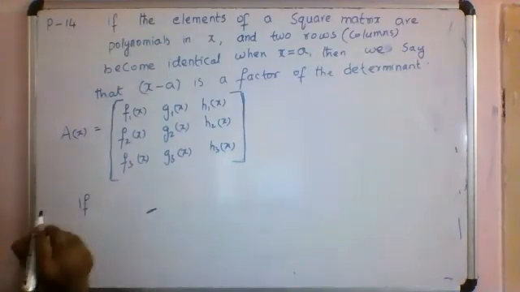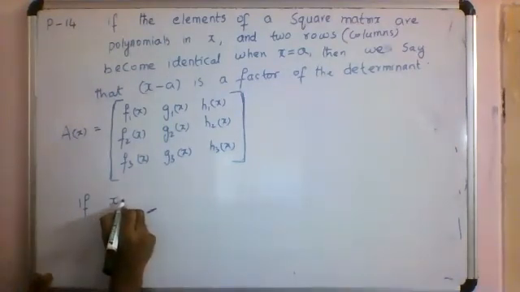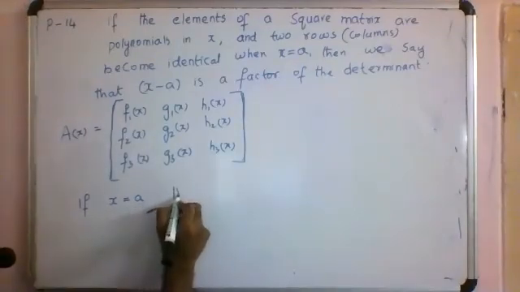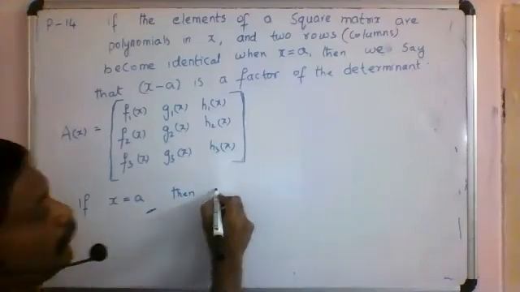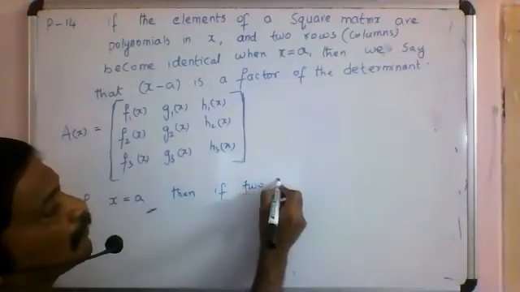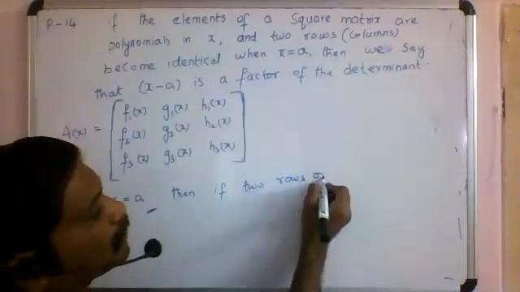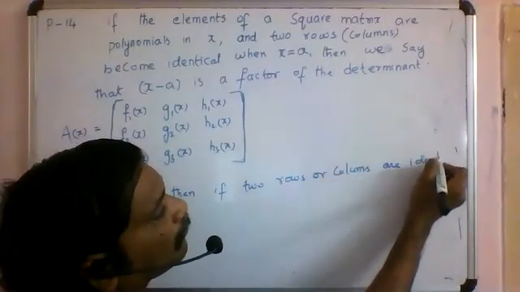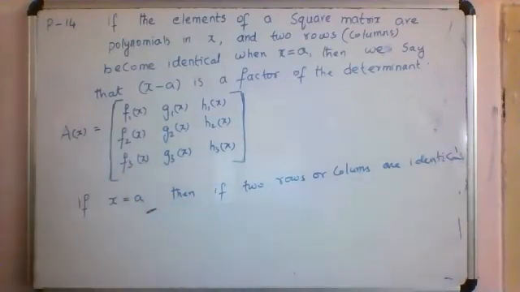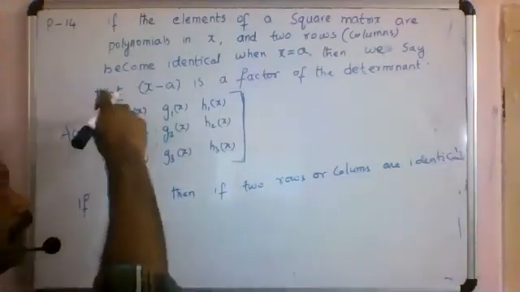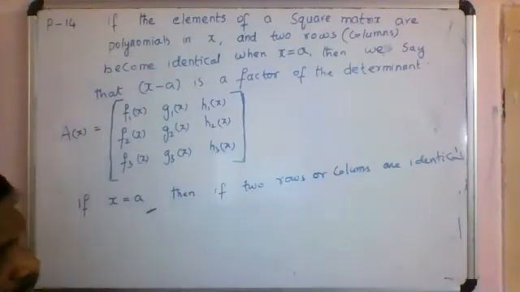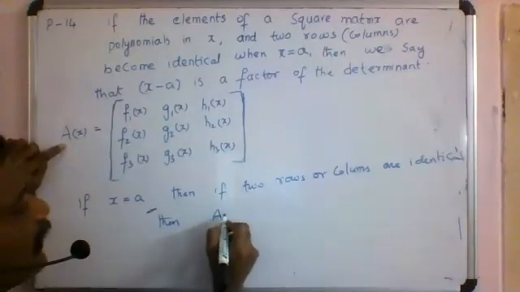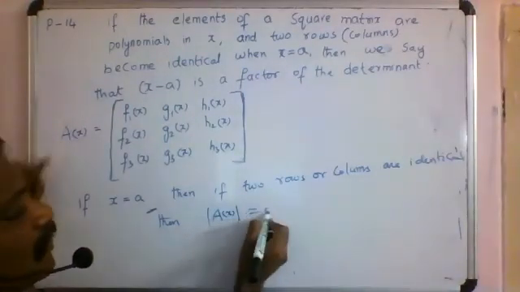When X is equal to A, if two rows or columns are becoming identical, then what happens? Then the determinant of that matrix becomes 0.